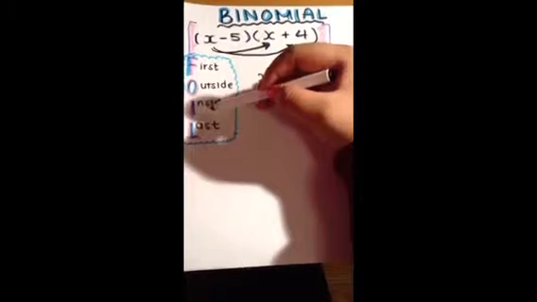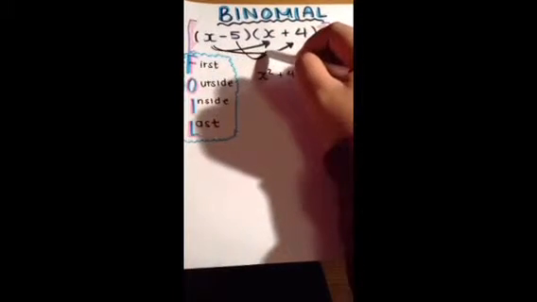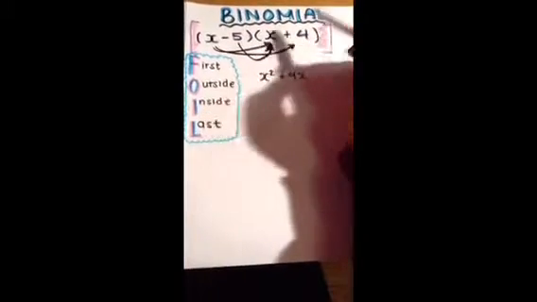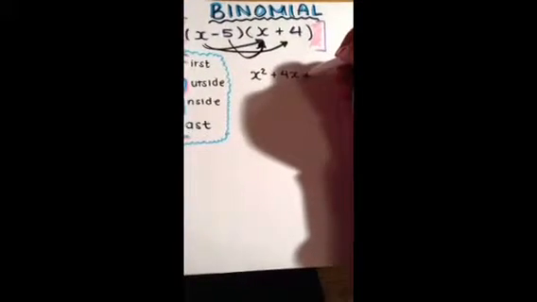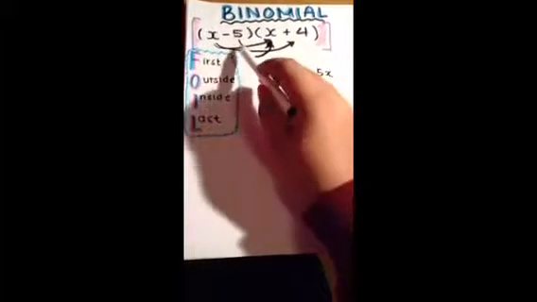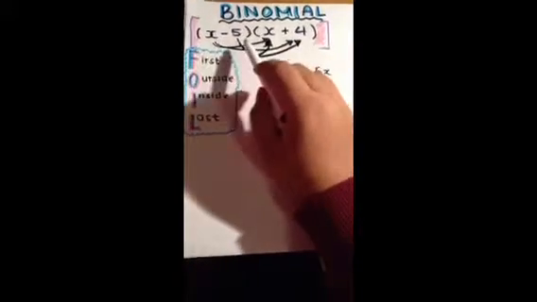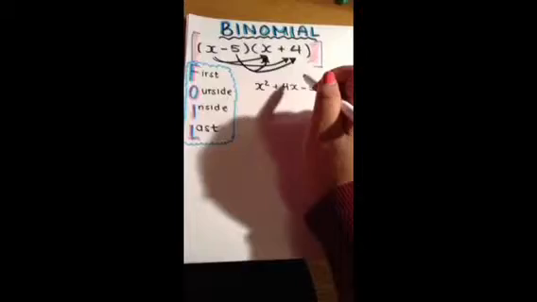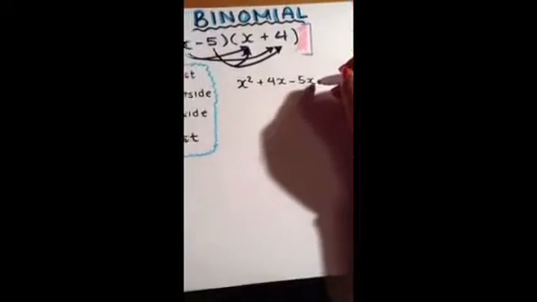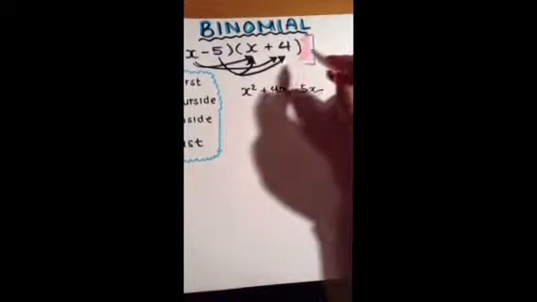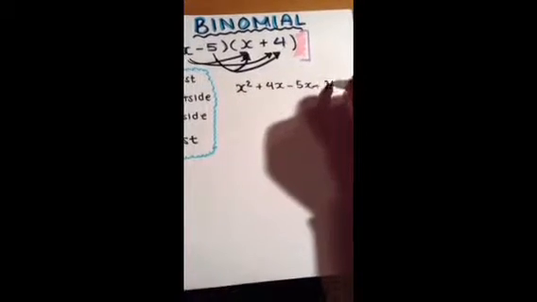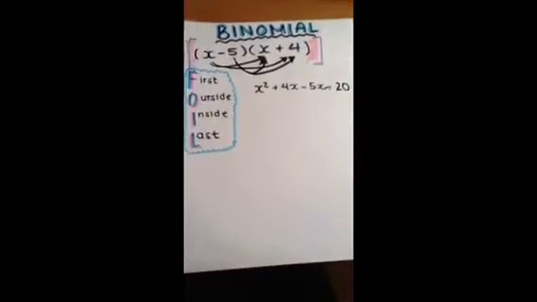Then we're going to multiply the insides. Negative 5 times x is negative 5x. And then we're going to multiply the lasts. Negative 5 times positive 4, again, plus times minus equals negative, so negative 20. So that's our first step.